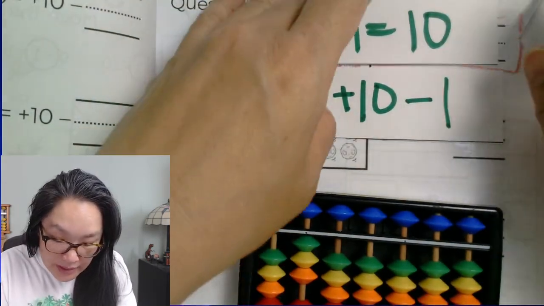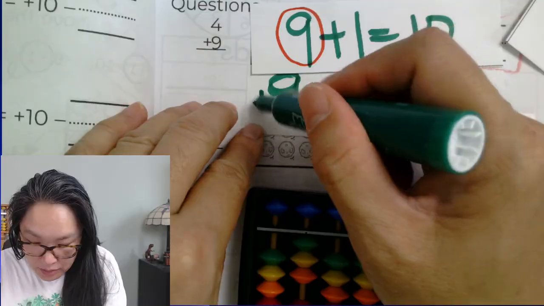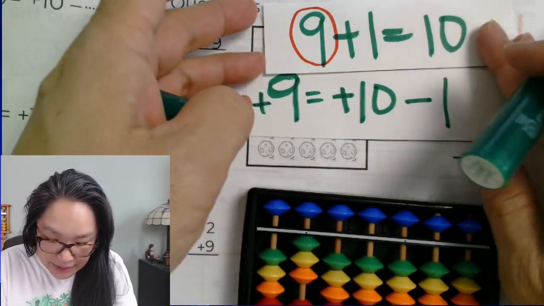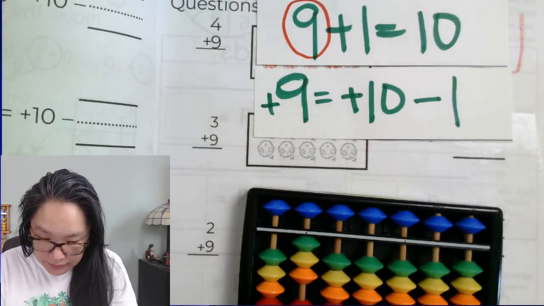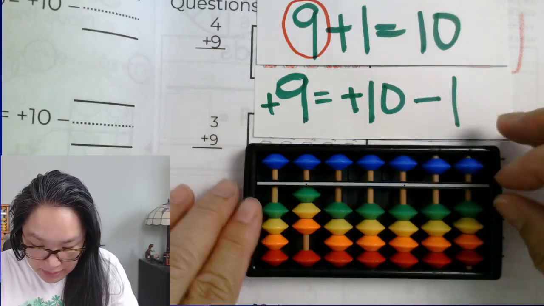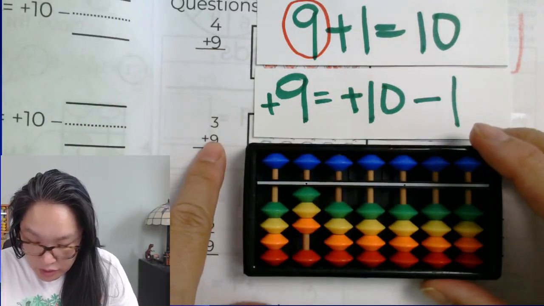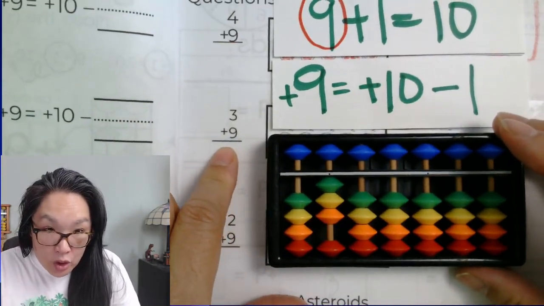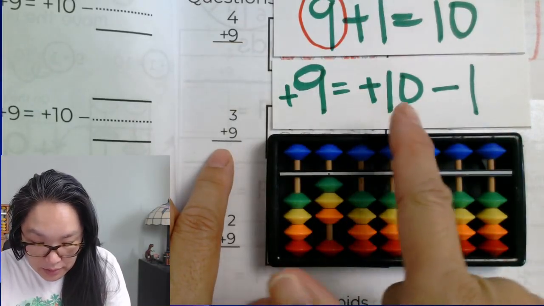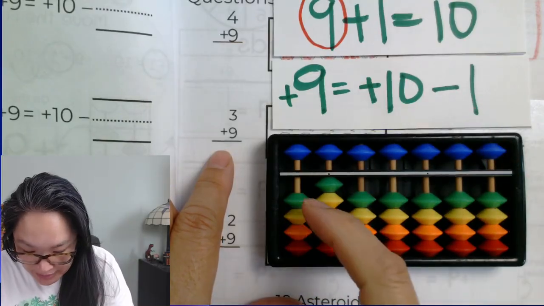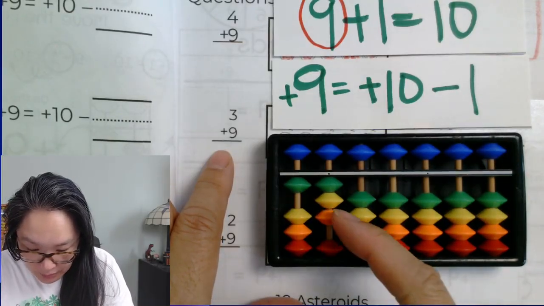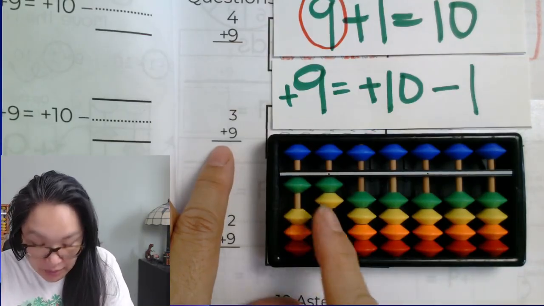The reason we say this plus 9 is to remind us that we're adding 9. When we add the 9, we want to plus the 10. So that's why this is a critical concept. We have the 3. I know I'm going to plus the 9 is equal to plus the 10 minus the 1. So I plus the 10, and I take away the 1. And then my answer is 12.